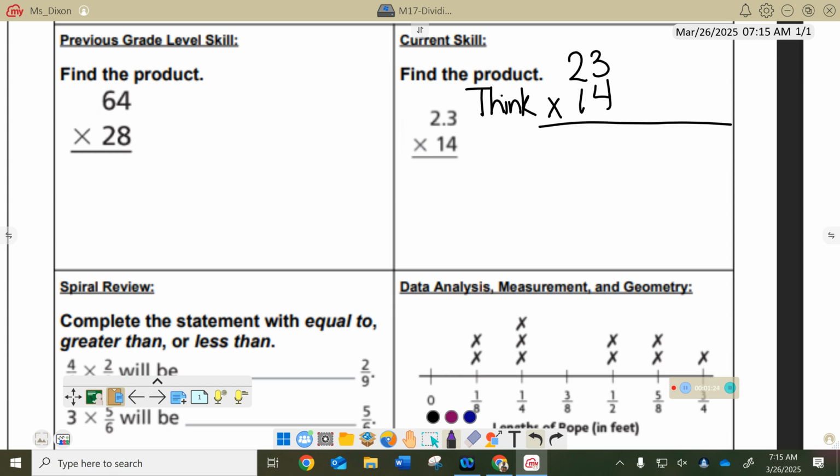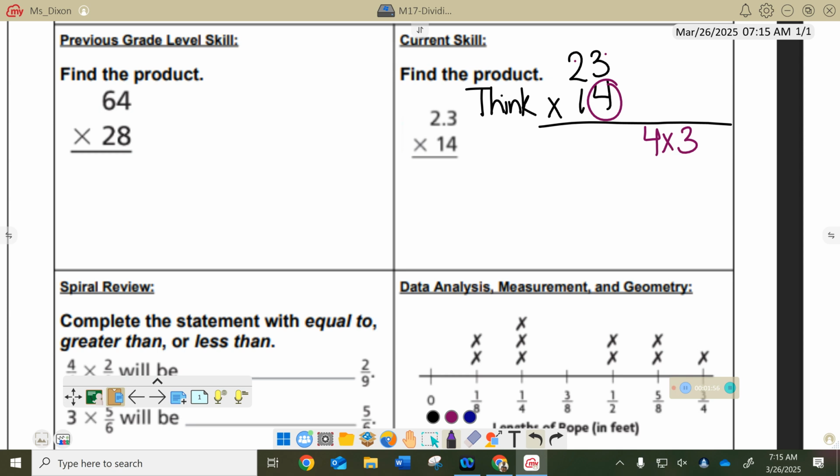But we are going to take the value of each of our digits. First, we're going to take the value of this 4 and multiply it by the value of this 3 and the value of the 2. The 4 is in the ones place, so the value of that 4 is 4 times the value of the 3, which is in the ones place, so it will be 3.